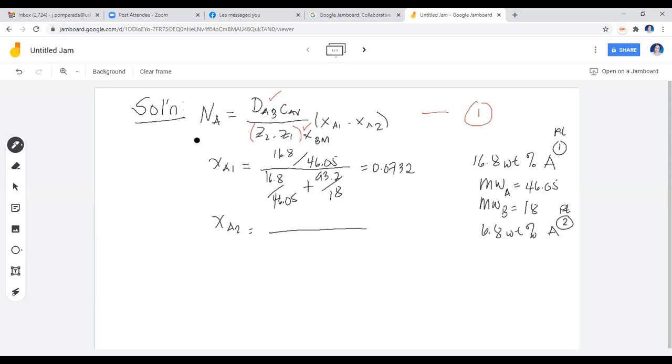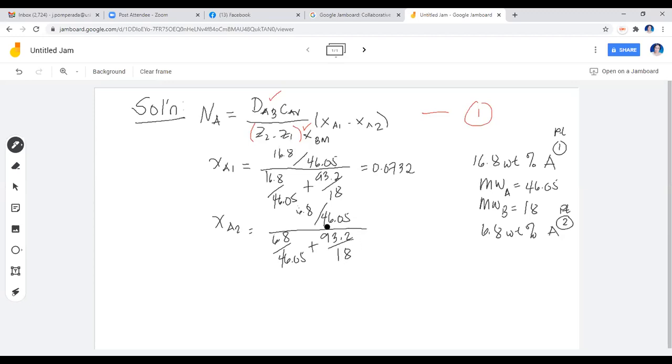Okay, we need to get the mole fraction of A at point 1 and point 2. Now we need to have here 6.8. We divide by 46.05. Then in here we have 6.8 divided by 46.05. And again, we subtract the 6.8 from 100. It will have a 100-gram mass of A and B. So this would be 93.2, and we divide this by 18.